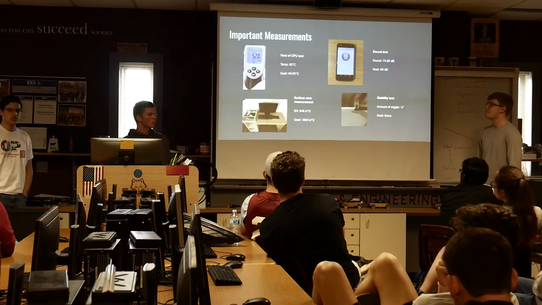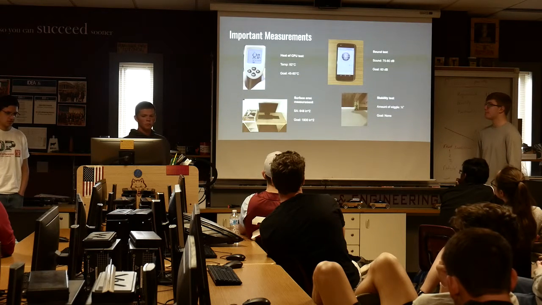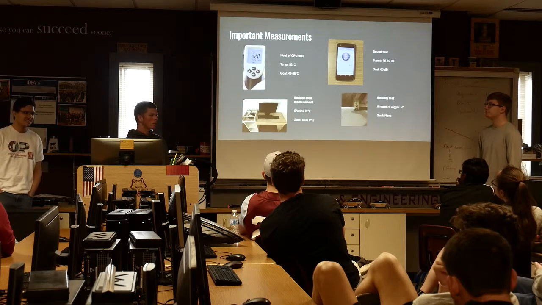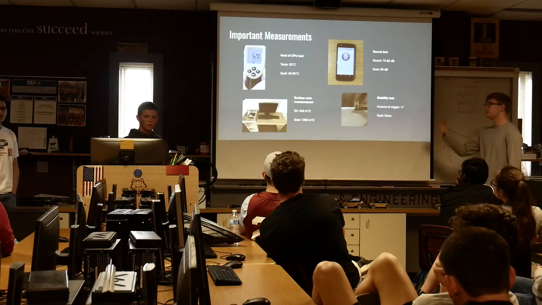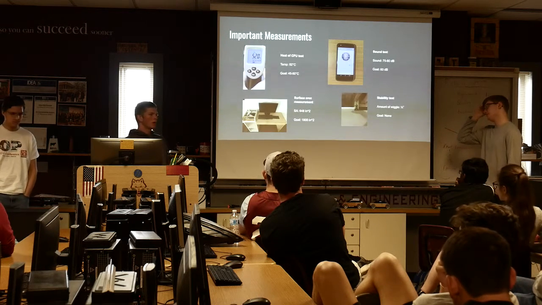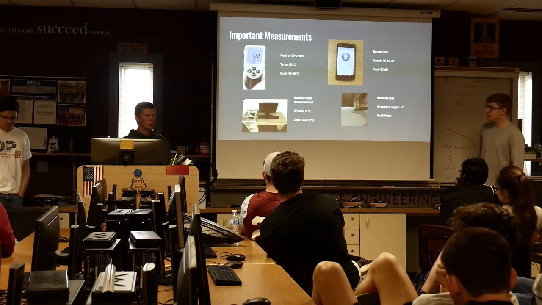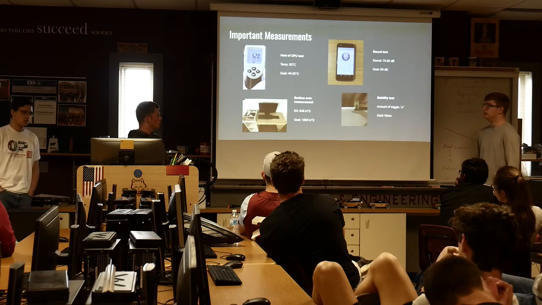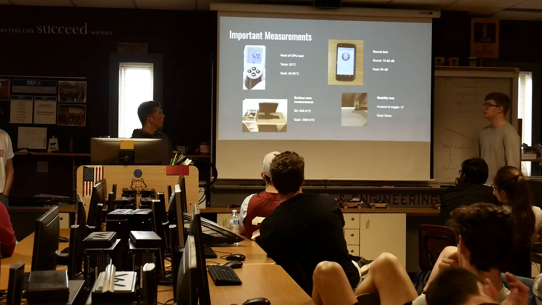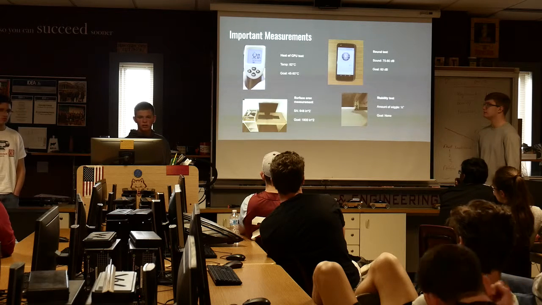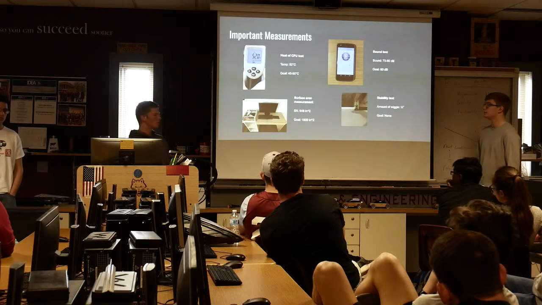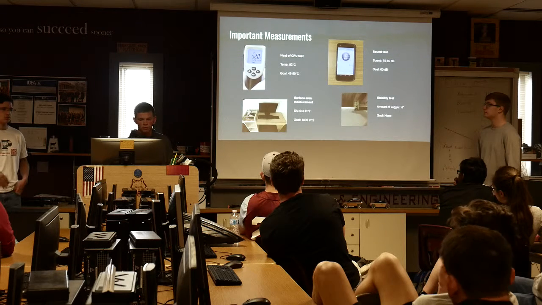Some important measurements that we took on our first prototype was the heat of our CPU, which was important to us because if a computer overheats, it can damage the components. We wanted to make sure that our computer compartment wouldn't overheat, but it was actually a little bit too hot, which was a problem that we wanted to solve in our future prototypes.